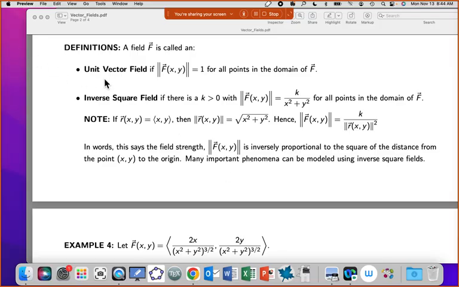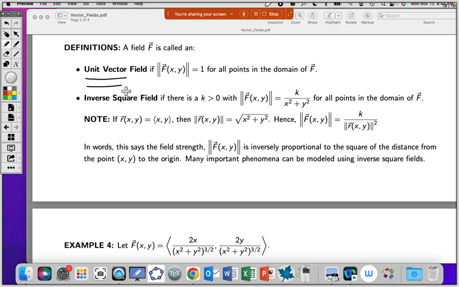We had unit vectors back on the first day of class. So you can have unit vector fields. A unit vector field is a vector field where all the vectors have length 1. Basically, you can think of that as a direction field, because that's just giving you directions only.